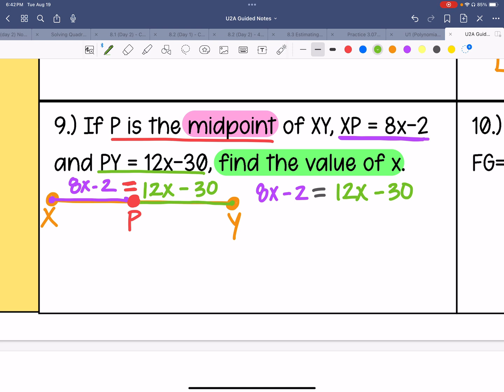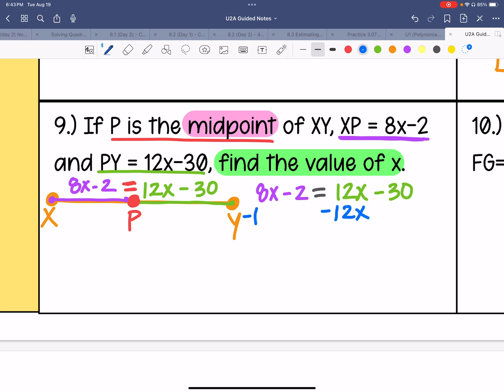Now, in this particular problem, we have x's on both sides of our equal sign. So we have to decide if we want to put the x on the left side of our equal sign or on the right. If we want to put x on the left side of our equal sign, that means that 12x, since it's on the right, needs to move over. And the way that we move things is by taking the opposite of them.